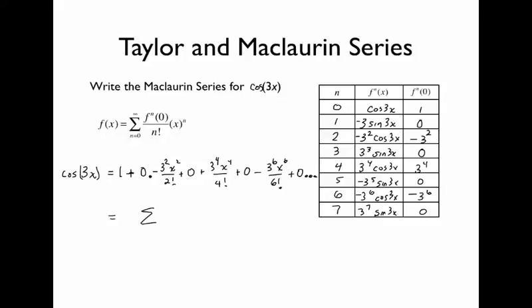What we've got is every other term is 0. So this came from our n values being 0, 1, 2, 3, 4, 5, 6, 7, like that.